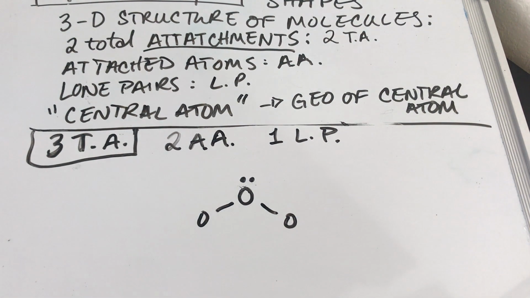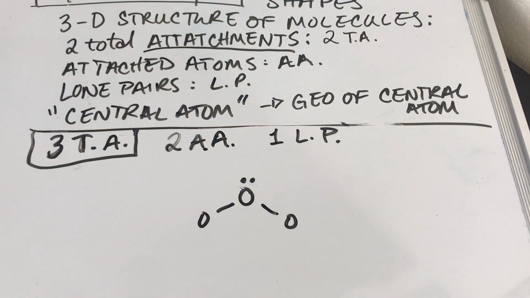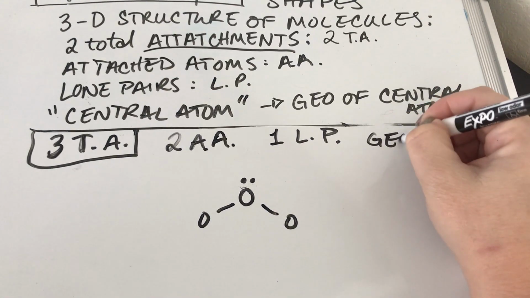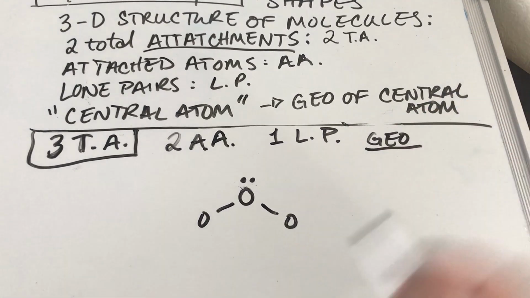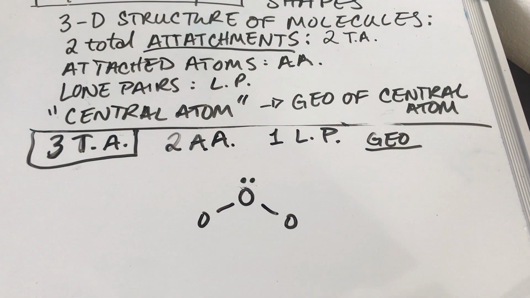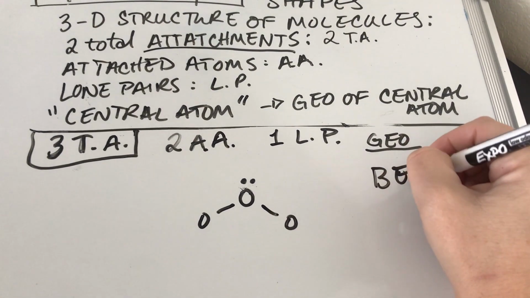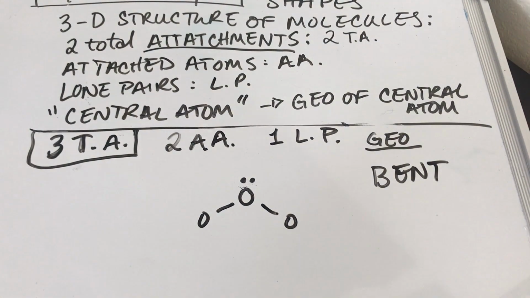Cool. So in an example of a molecule that is, oh, I'm sorry, what is this geometry? Anybody know what this geometry is called? Bent. Bent, right?